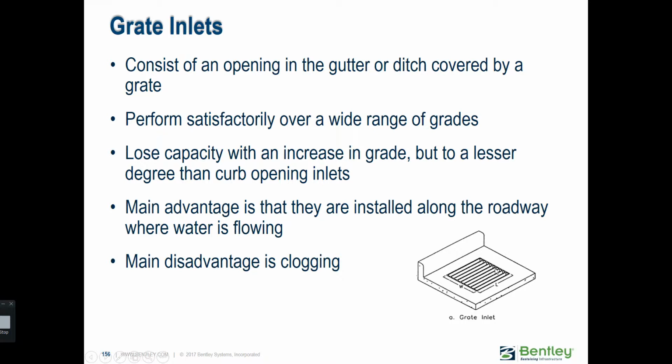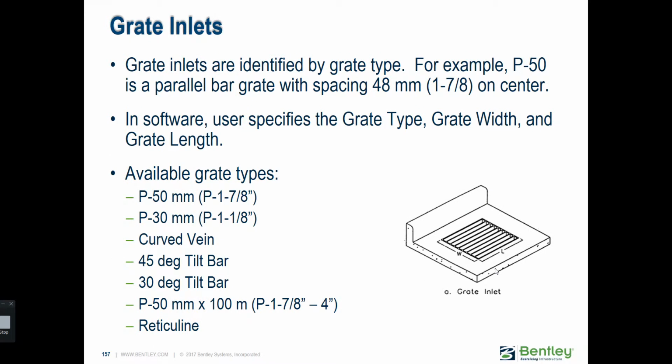The problem with this is that they could clog, but in fact, in the software, when you're doing analysis or designs, you can set a percentage of clogging. So you can assume that, if it's during the fall when you're getting a lot of foliage, or if it's in a place where you're going to get a lot of garbage that falls in there, you can assume some percentage of clogging.